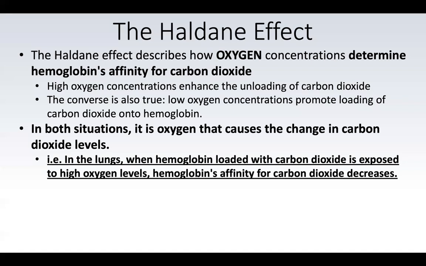As we're moving through the Haldane effect, remember that it's got to be set up in a way such that oxygen can easily diffuse from the capillaries and into the peripheral tissues, and at the same time make it easy for carbon dioxide to diffuse from peripheral tissue into the capillaries.